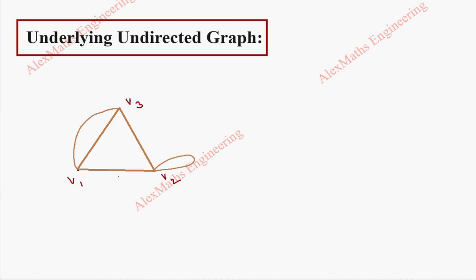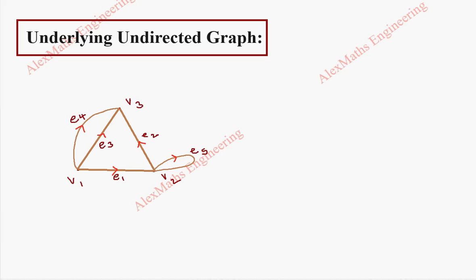Let's name these E1, E2, E3, E4, E5, and it is directed. Suppose E1 is directed in this way, E2 in this way, E3 in this way, E4 in this way, E5 in this way.